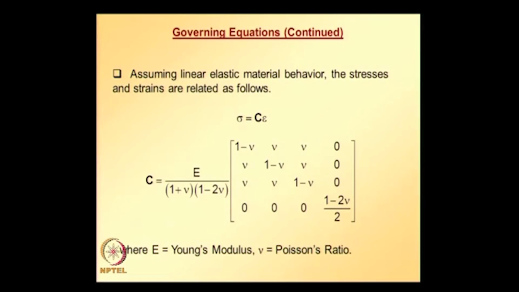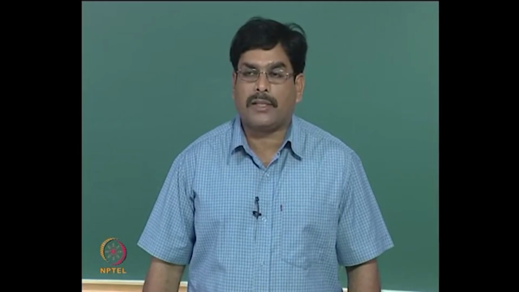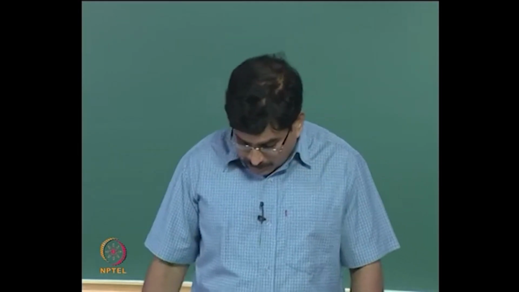If you compare these equations with the corresponding plane stress, plane strain equations, it can be seen that the 2 problems are very similar. The only difference is that the primary unknowns of axisymmetric problems are u and w, whereas if you recall, it is u and v in the case of plane stress, plane strain problems. If somebody is interested, they can use different notation, but we used u and v for displacement components in x and y directions for plane stress, plane strain problems.